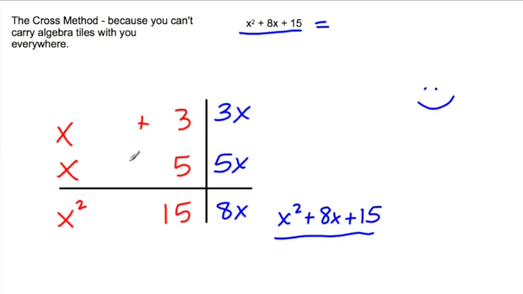We see that the factored form of x squared plus 8x plus 15 is going to be x plus 3 in parentheses times x plus 5. That is how the cross method works.